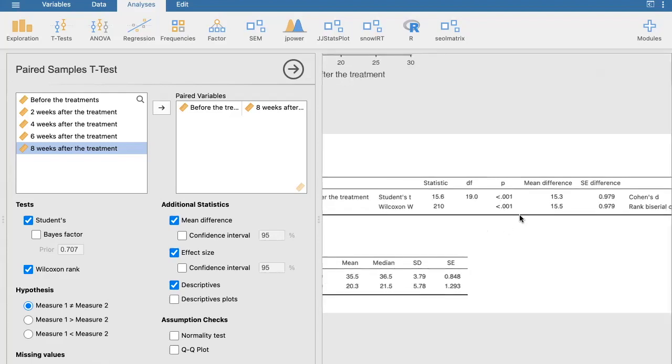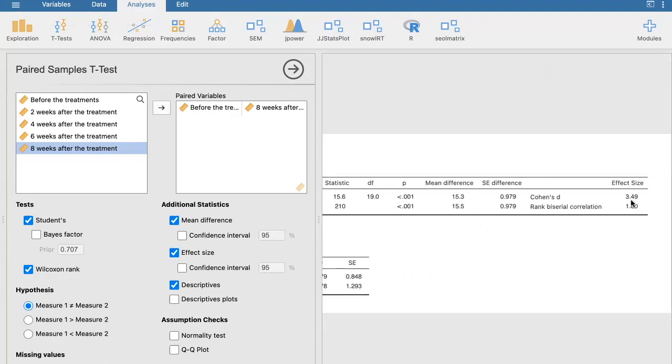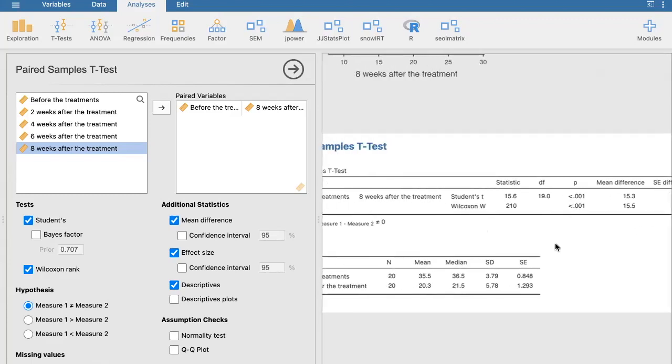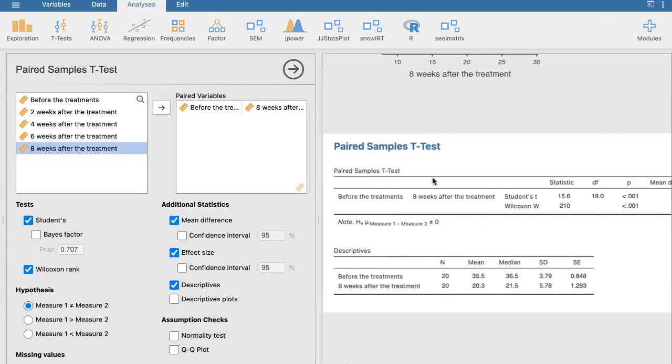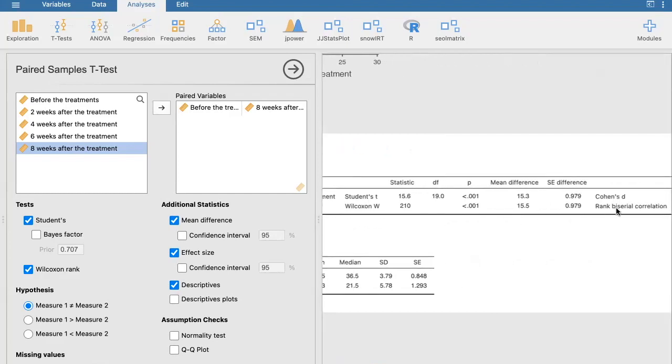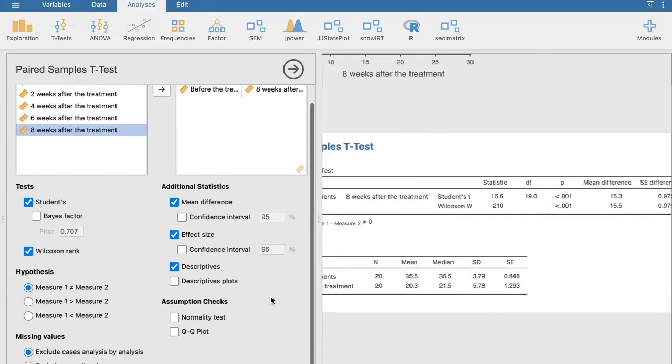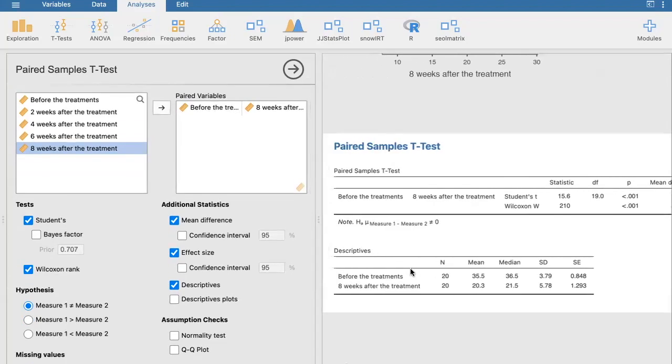Now here the study is significant, and the rank biserial correlation is also perfect. So in that case, we can confirm this paired sample t-test is statistically significant using both the parametric and non-parametric tests. Since this study indicates violation of normality, I am going to go with Wilcoxon's output to interpret the study results. So that is exactly how you would run a paired sample t-test or a repeated measures t-test.